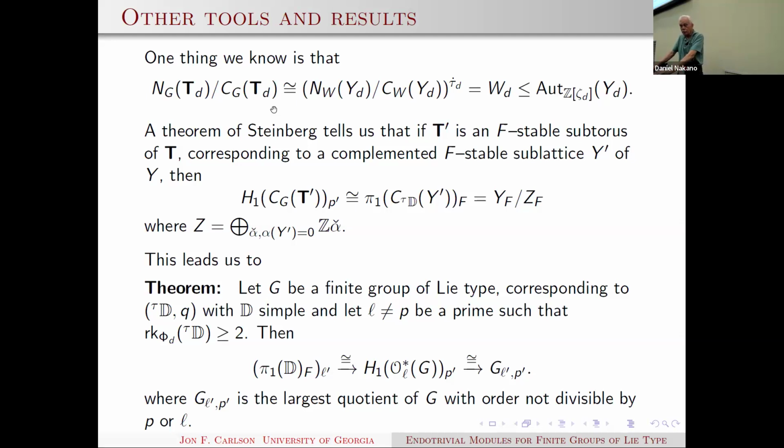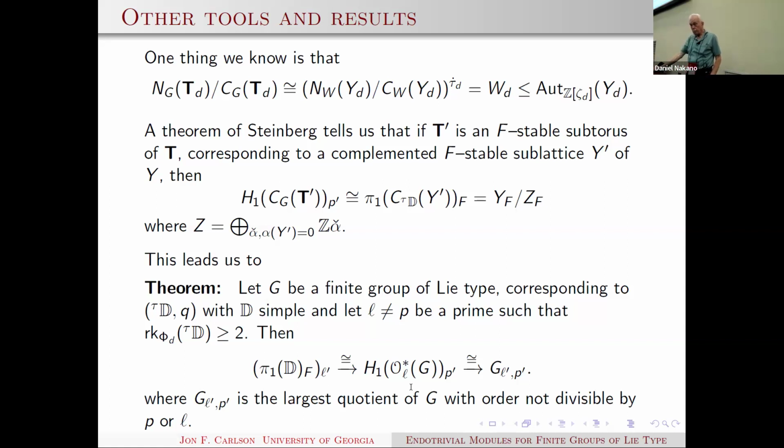Then what you get is that this H1 of the orbit category, which is the group of Sylow trivial endotrivial modules, or at least the P prime order of that, is what you get as the largest quotient of G with order not divisible by L, P, and L.